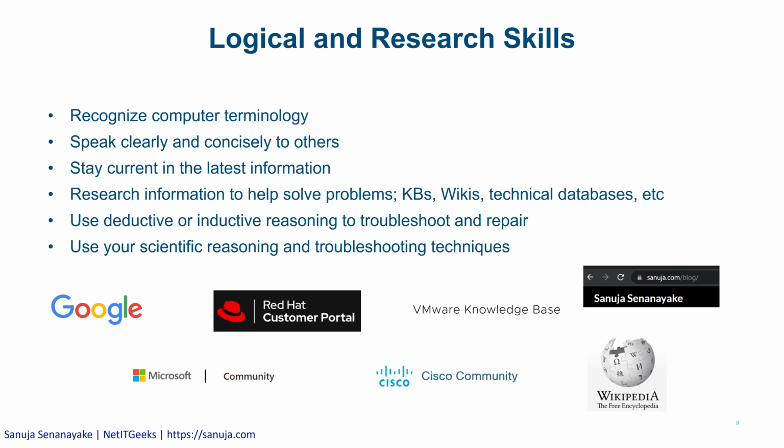Logical and research skills. Recognize computer terminology. Make sure that you know certain terminologies because those will show up when you try to solve a problem. Once you identify the problem and you're trying to find solutions, when you go and search for that information, you will come across certain computer terminologies and you should know what they are.